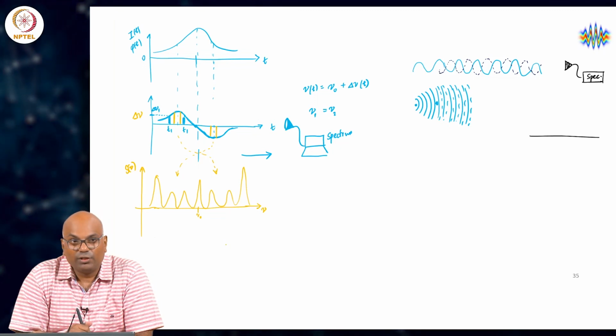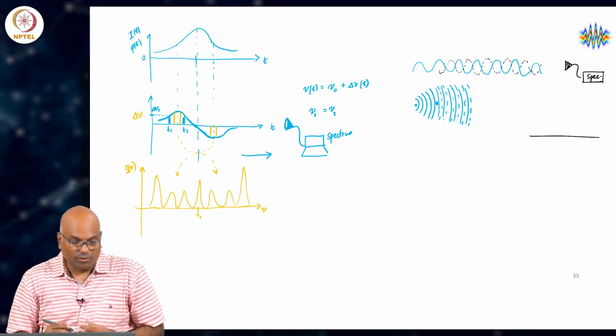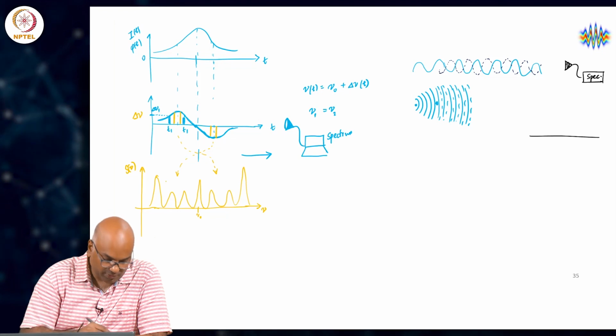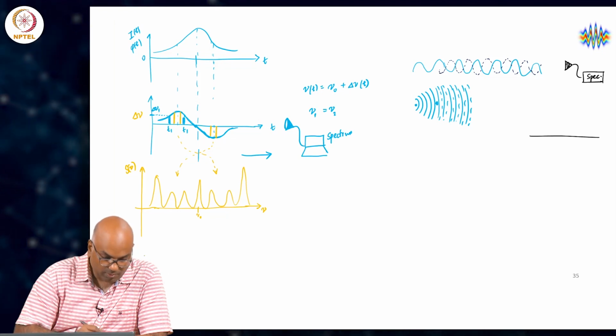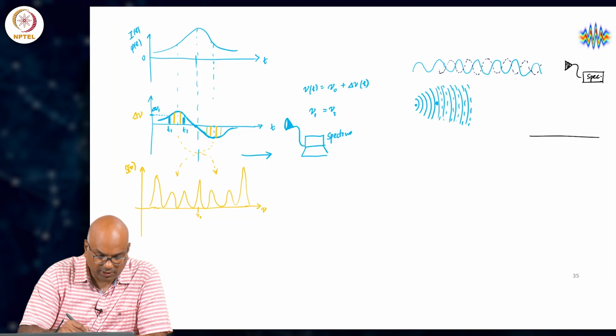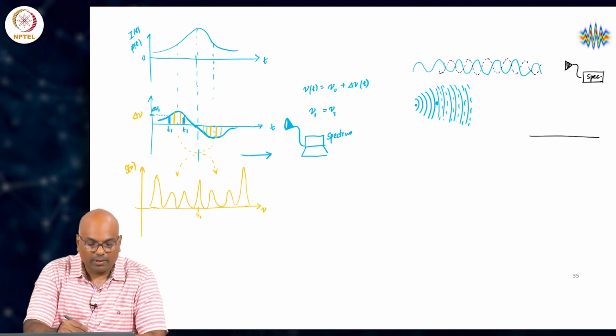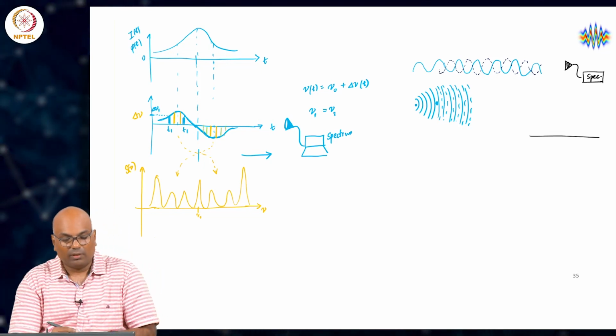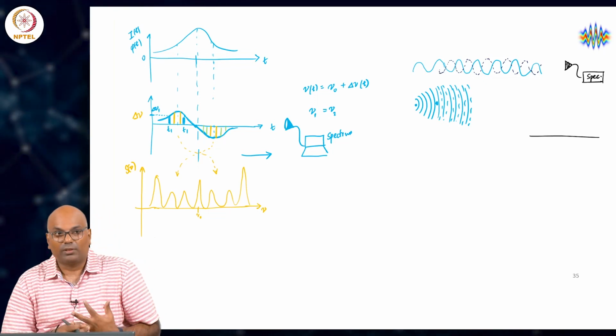So, that is essentially the consequence of self phase modulation. It is these slits which the process places at different instants in time, different locations apart in time, which lead to this. Okay.